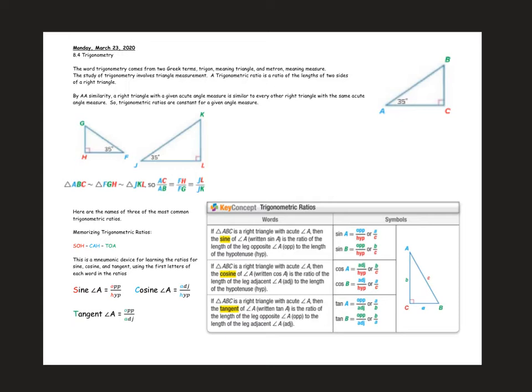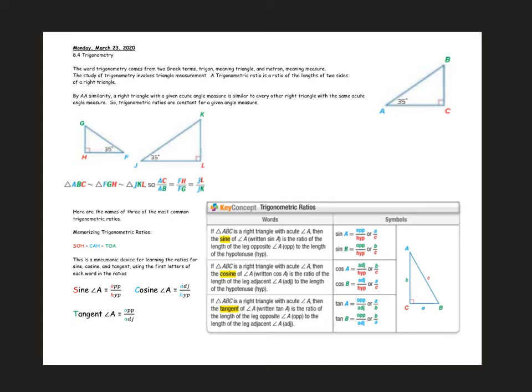If that's the case, then I could start comparing segment lengths. Segment AC over AB in triangle ABC is proportional to FH over FG, which is also proportional to JL over JK. That's just an example of a ratio.